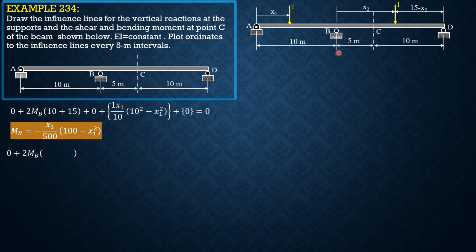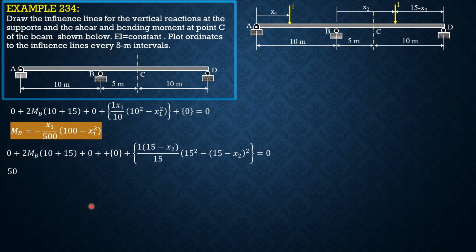So 0 plus 2 MB, quantity 10 plus 15, plus moment at D 0, plus 6A1A over L1I1 is 0, 6A2B over L2I2 is 1, quantity 15 minus x2 over 15, quantity 15 square minus quantity 15 minus x2 square.